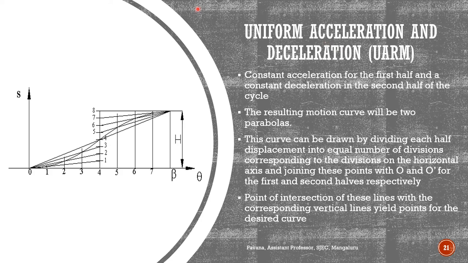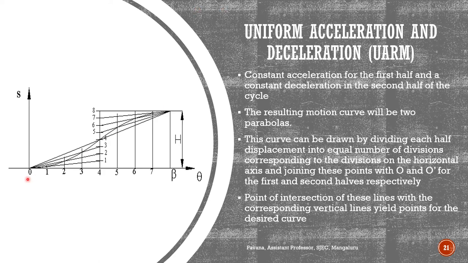If we want only acceleration, uniform acceleration, here nothing to do with the velocity, we can assume a constant acceleration for the first half and constant deceleration in the second half. Deceleration is nothing but retardation coming downwards. The resulting motion curve will be two parabolas.